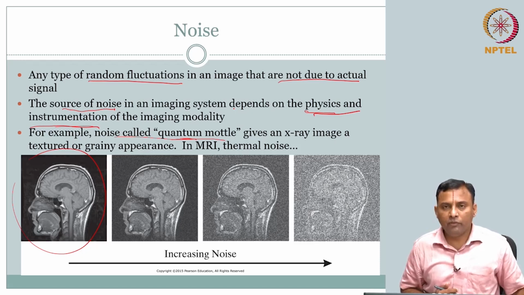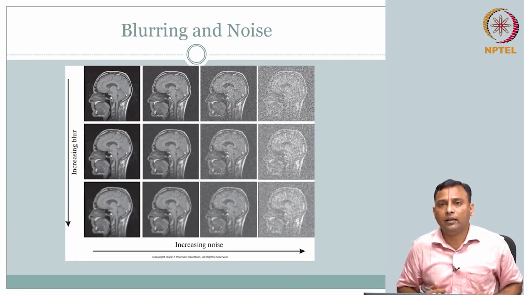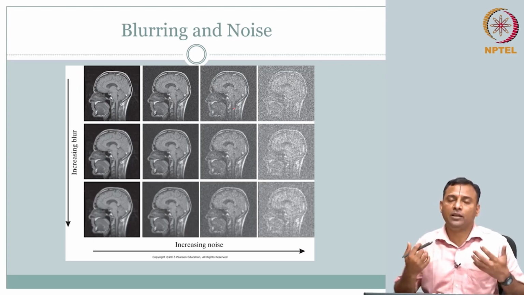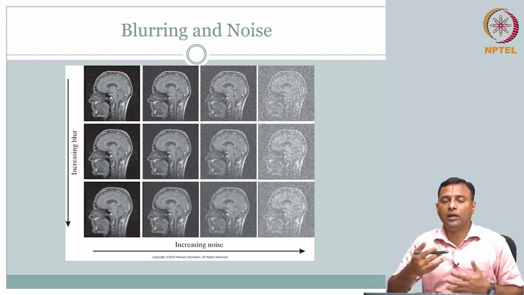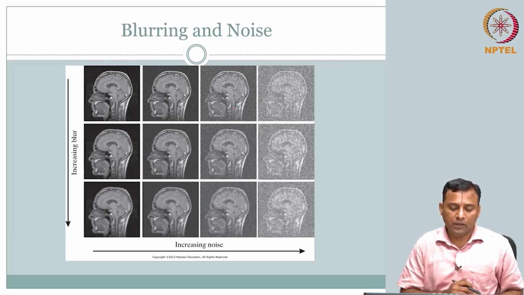Okay. So we will just do one big picture appreciation and then we will jump into the quantitative part. How do we measure the noise? How do we model the noise? How do we then compare different noise sources? All that we will do.